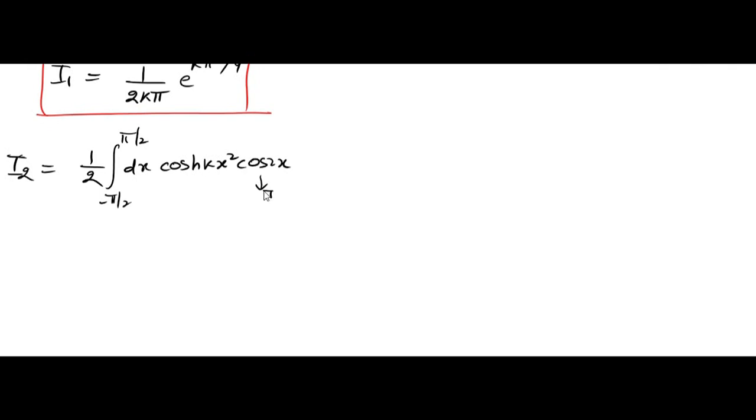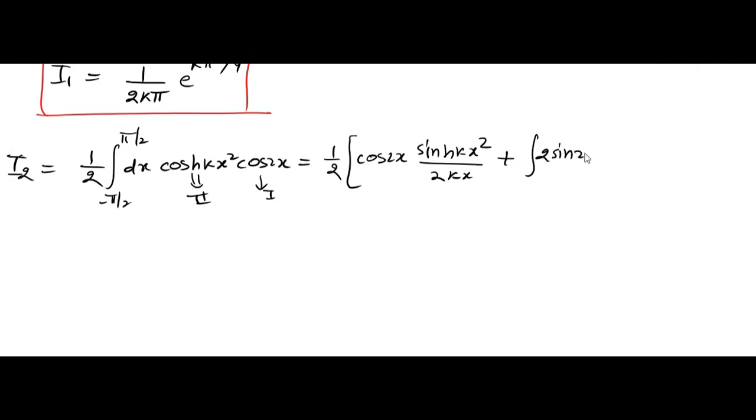Let us say cos 2x is first and this function is second, and this will be equal to 1 over 2 times cos 2x, and the integration of cosh(k x square) is again sinh(k x square) divided by 2kx, minus the differentiation of cos 2x, which is minus 2 sine 2x, times sinh(k x square) divided by 2kx, and the limit is from minus pi by 2 to pi by 2.